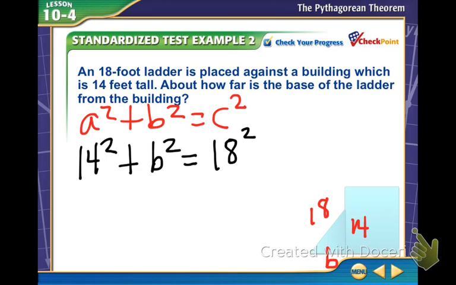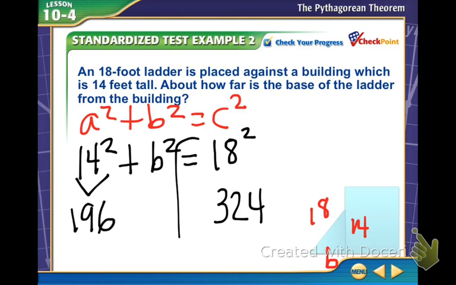So you're substituting in the 14 in place of A and the 18 in place of C. Then square 14 to get 196. Square the 18 to get 324. And use what you know about solving equations to undo the positive 196.